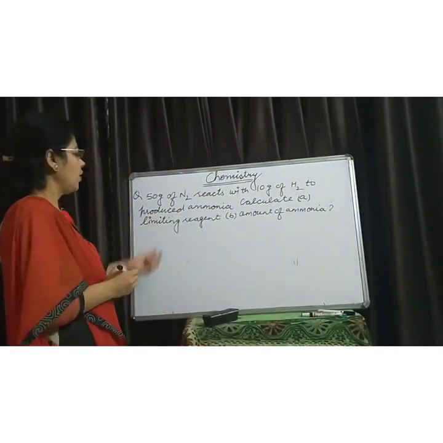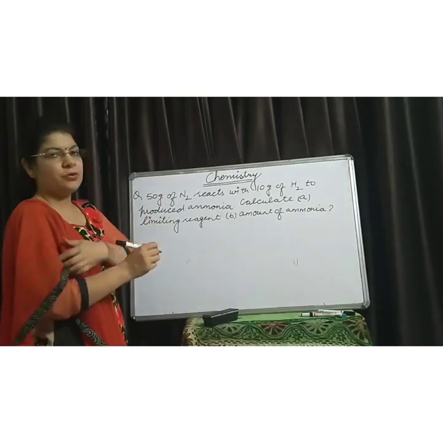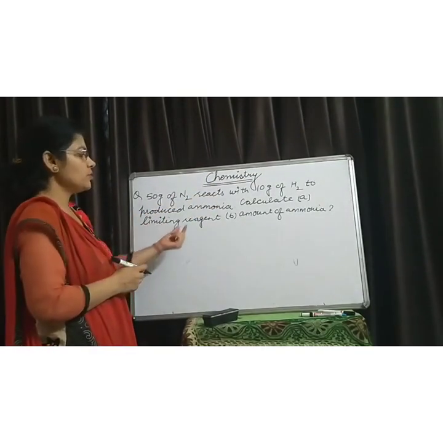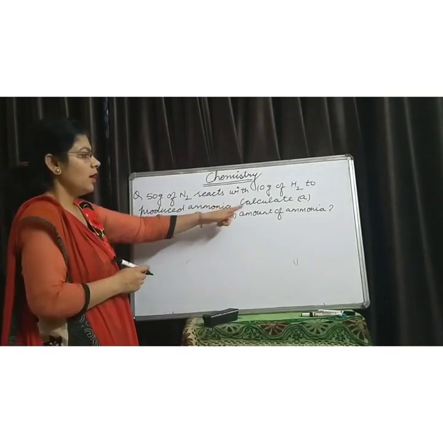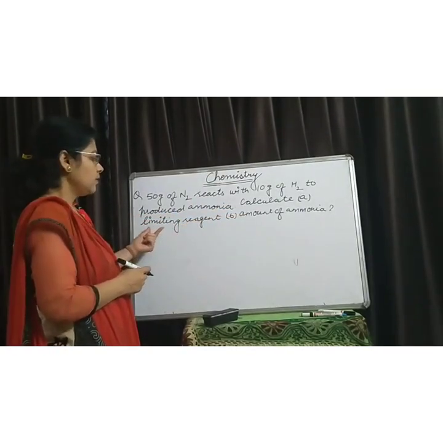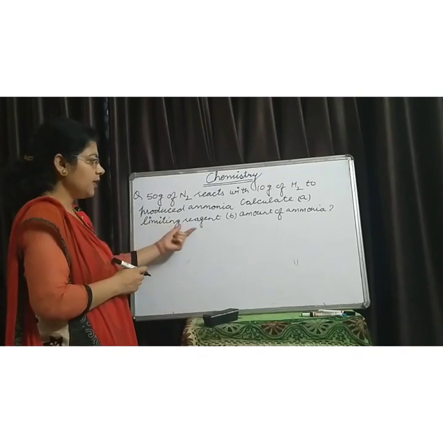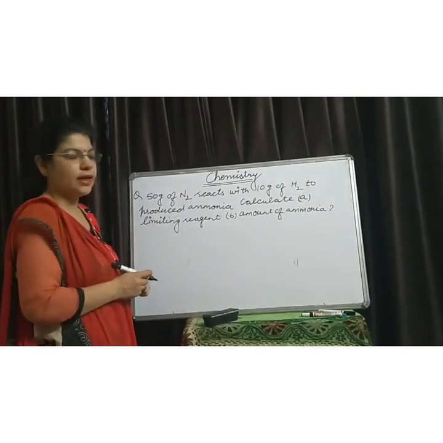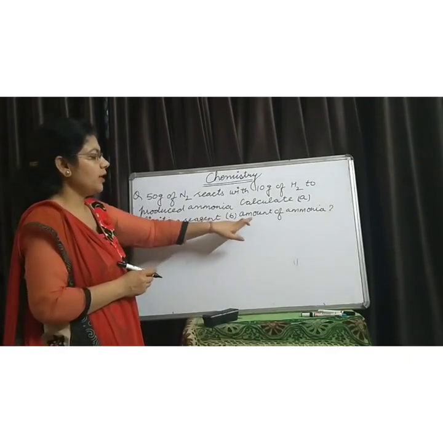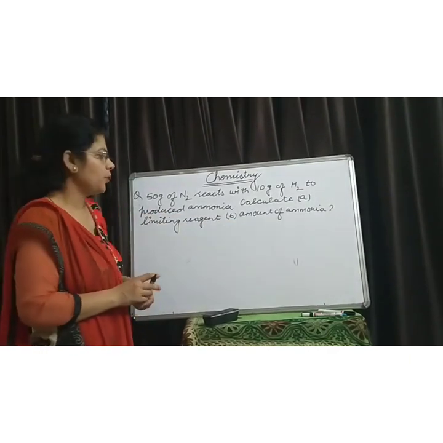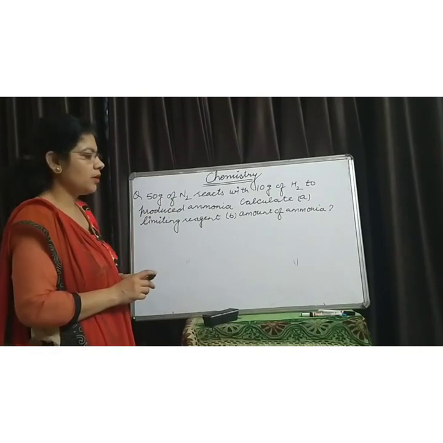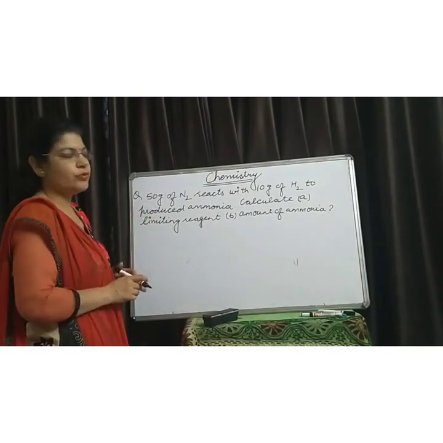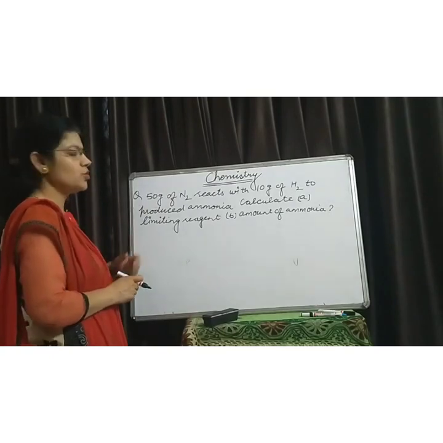The question is: 50 grams of nitrogen reacts with 10 grams of hydrogen to produce ammonia. Calculate which one is the limiting reagent, and second, calculate the amount of ammonia produced during this chemical reaction. So how do we solve this question?